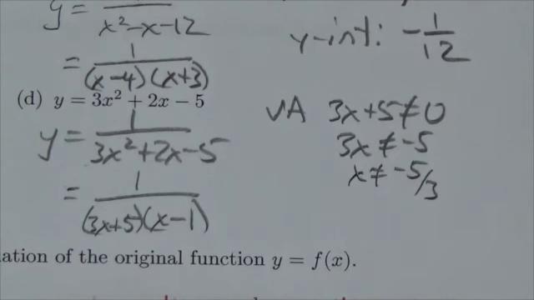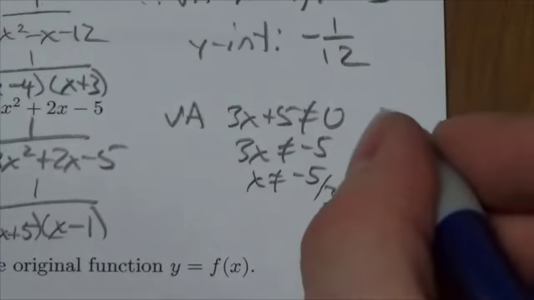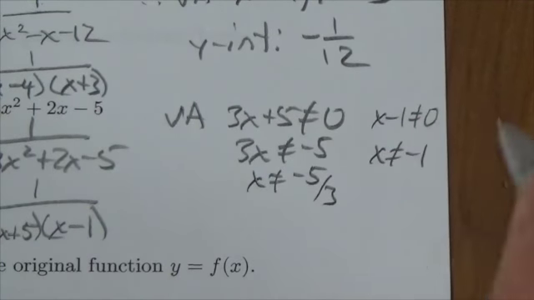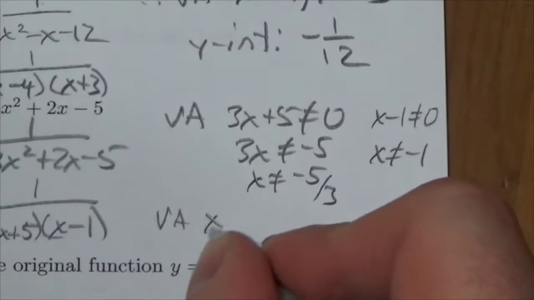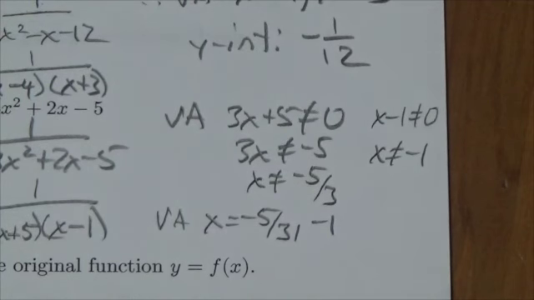That's one of my vertical asymptotes. The next one, x minus 1 can't be 0, which means x can't be 1. So my vertical asymptotes here are going to be x equals negative 5/3 and 1.